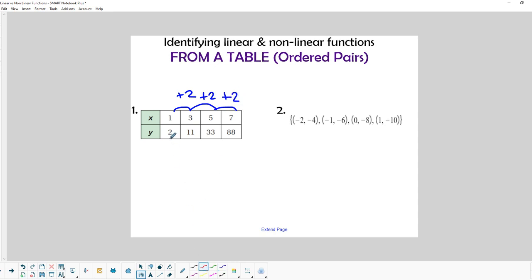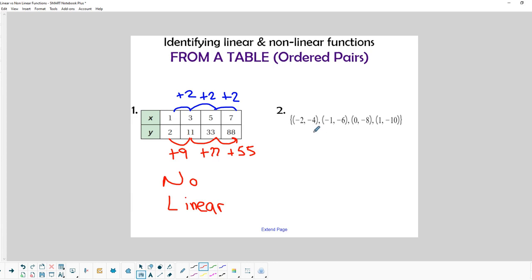In this section, the change in y would be up 9, oh my goodness, then it's going up 22, then up 55. This is going up faster and faster as time goes on. So this would not be linear. This is nonlinear. So that's how you tell from a table of values if it's linear or nonlinear, is if its rate of change is constant instead of ever increasing like this.